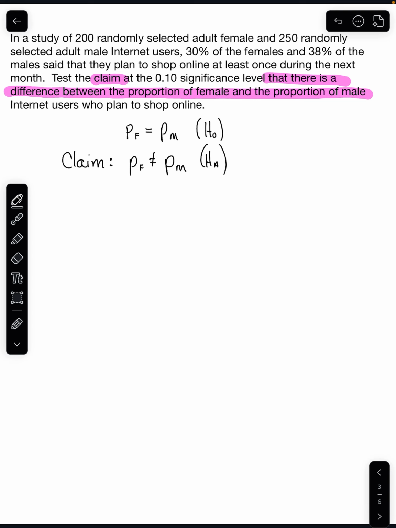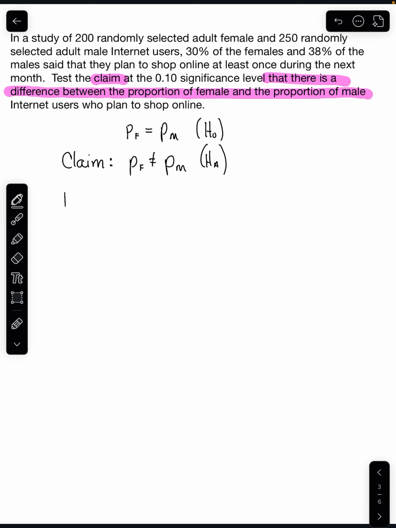We can assume that they were independent because even with larger sample sizes such as 200 and 250, certainly those are well within the 5% threshold to treat this as independent, even if it is technically dependent. The last thing then is we need to make sure that n times p and n times q are both greater than or equal to 5 for both samples.